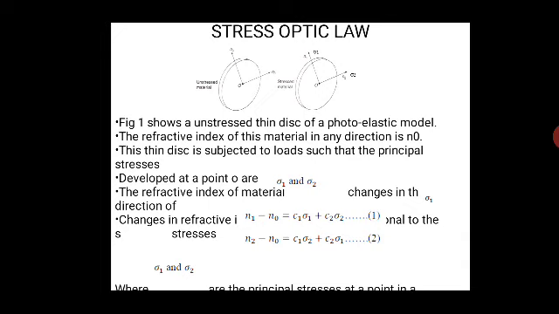See, when the thin disc is subjected to load, the principal stresses I can consider as sigma 1 and sigma 2. Because of the application of these stresses, the refractive index of the material changes in the direction of the normal.